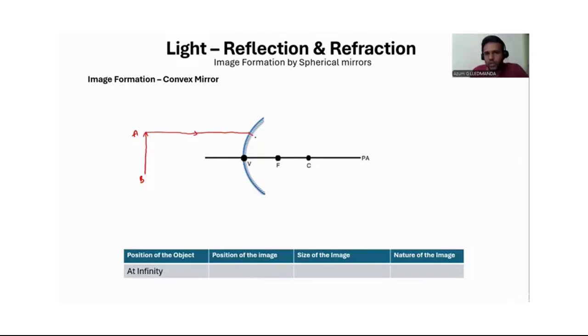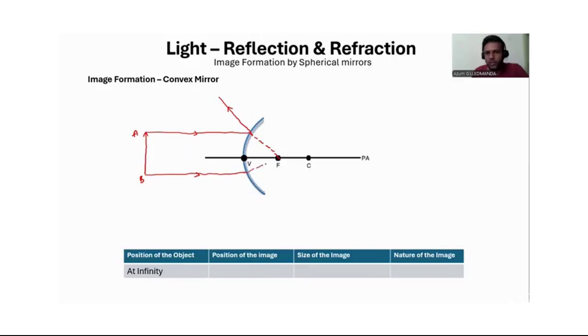It appears to be going from the focus. So it reflects into the same medium, but it appears that it is reflecting from the principal focus. Similarly, what happens if a ray from point B is incident parallel to the principal axis?